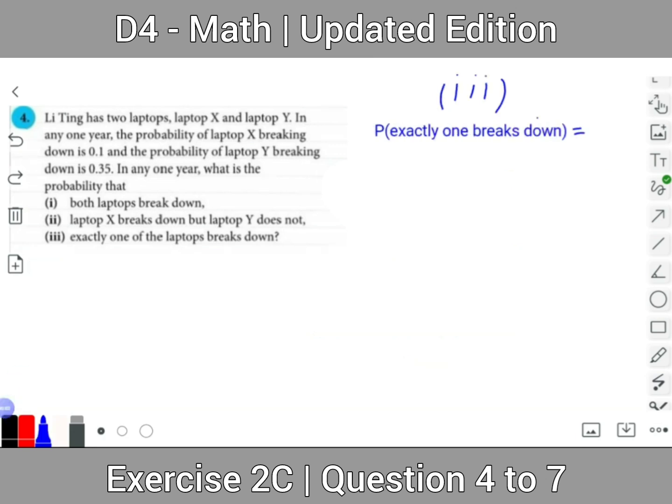Now in part 3 we have to find out the probability that exactly one breaks down.